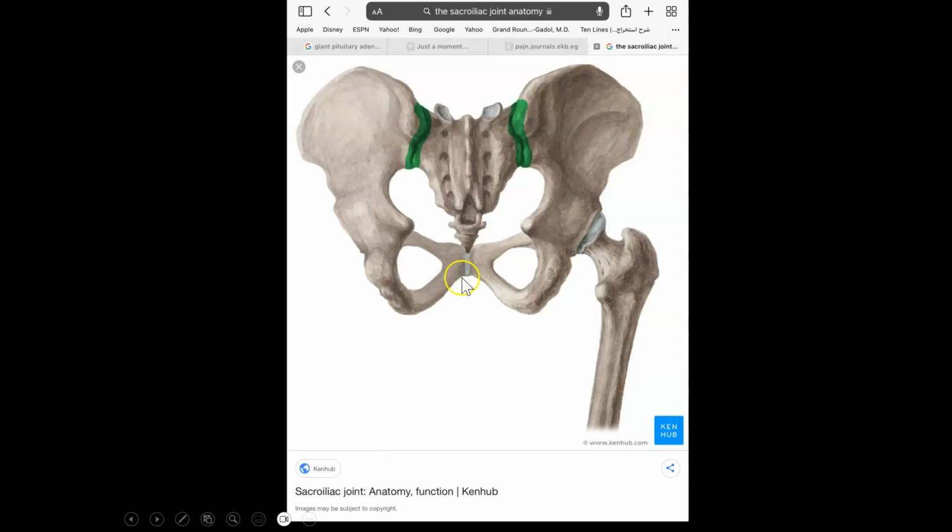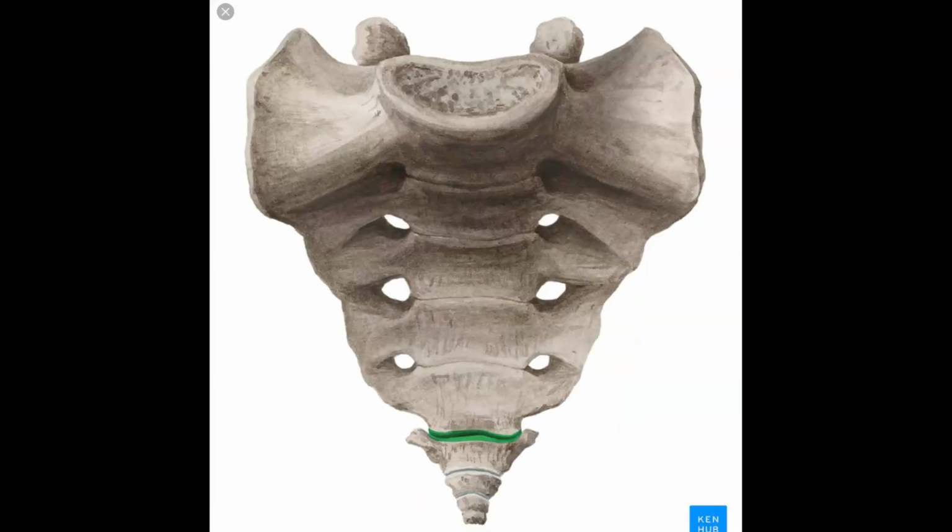And this is from posterior to show you how the weight of the body in the midline is distributed on either side to the iliac bone, to the hip joint, and to the femur, and so on. Another view showing the sacrococcygeal joint between the sacrum and the coccyx.